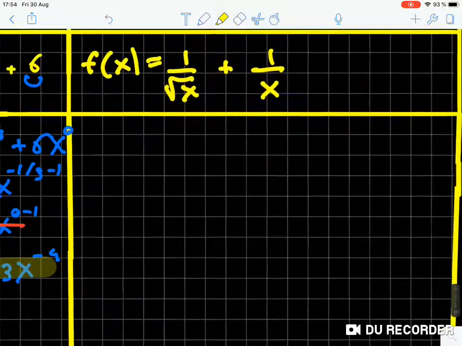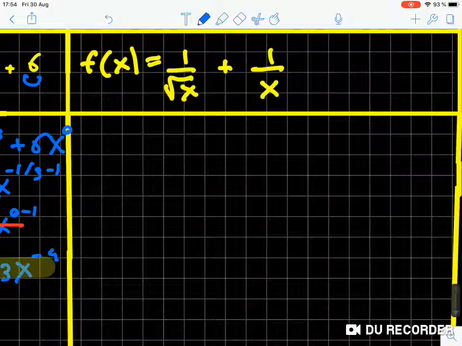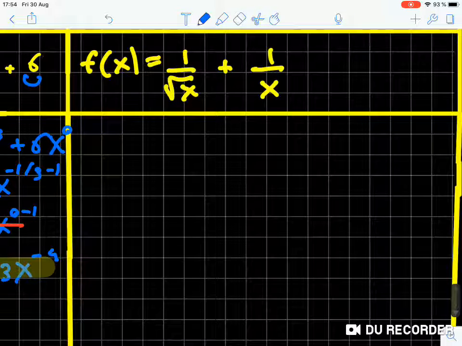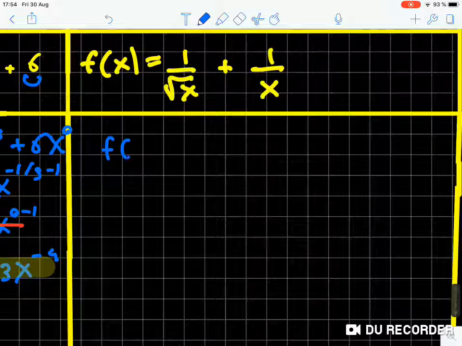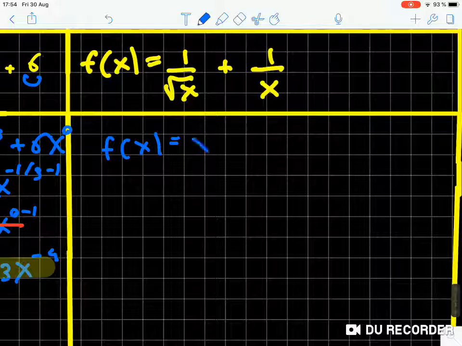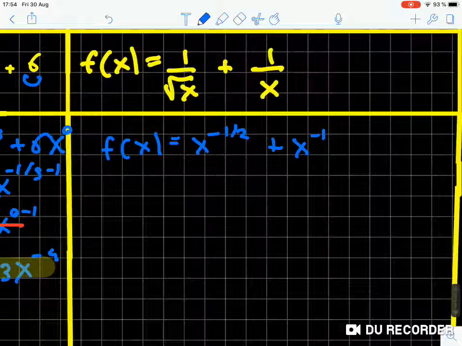This one I think is easier, but the more practice you get, the better you'll get at differentiating. So in this case we have f of x equals x to the minus 1/2 plus x to the minus 1.